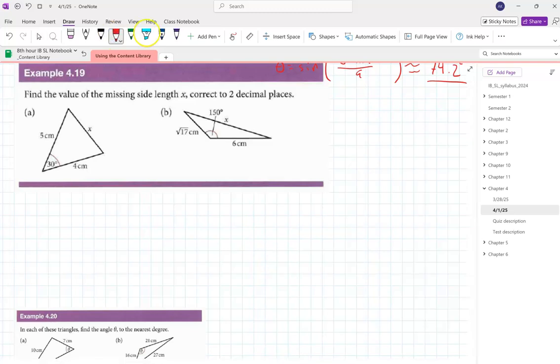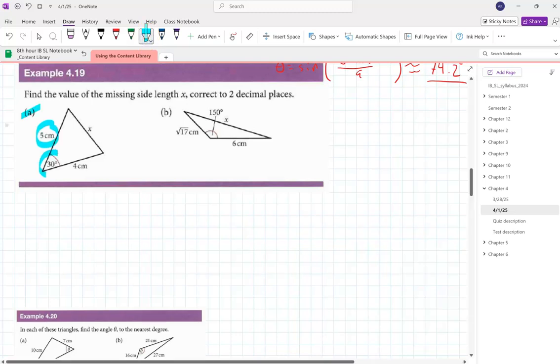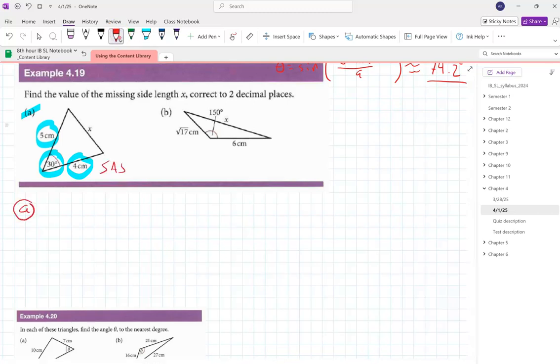All right, let's look at the next one here. What do we got? Yeah, that's correct. This is side angle side. So we'll do the law of cosines.